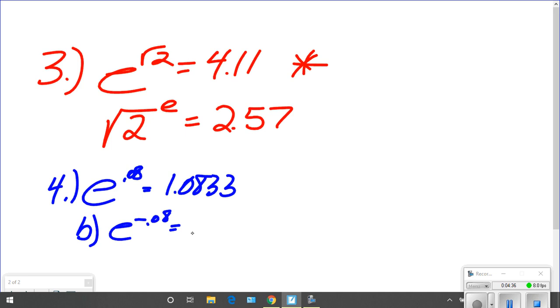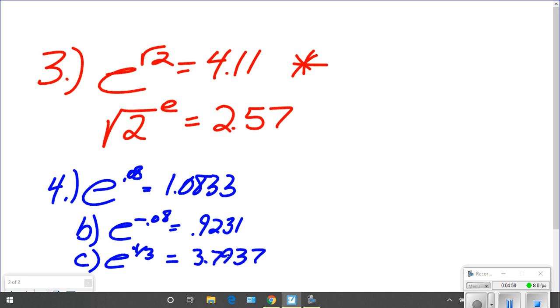That's like 0.9231. And for C, this is just seeing if you can put this into your calculator. What is e to the 4/3? You could do 1.33 if you wanted to. I got 3.7937. You can go out to the 100th. That'll be just dandy. Okay, so that's number 4.